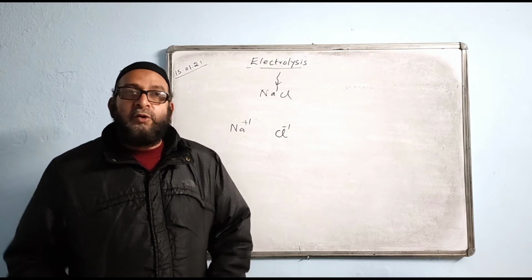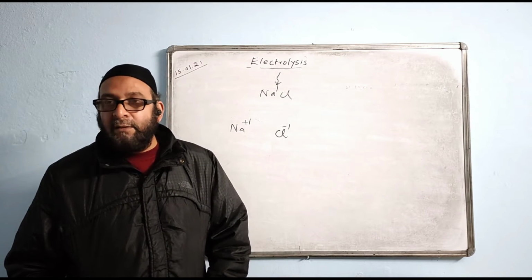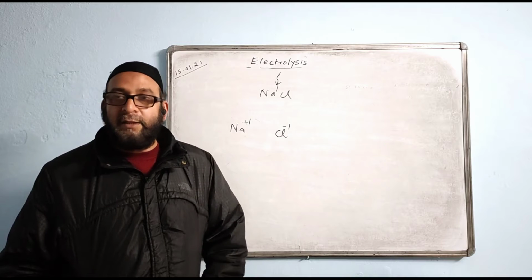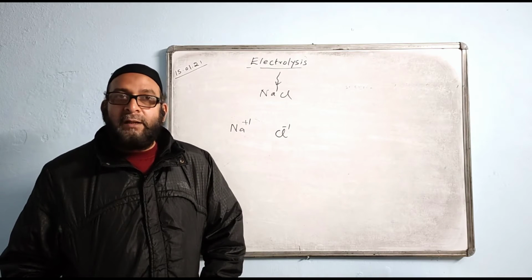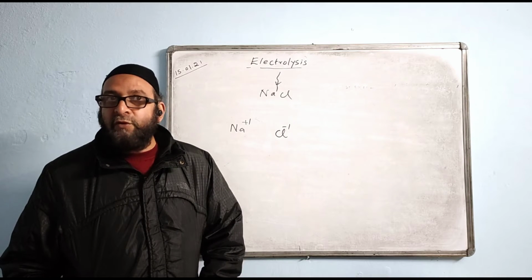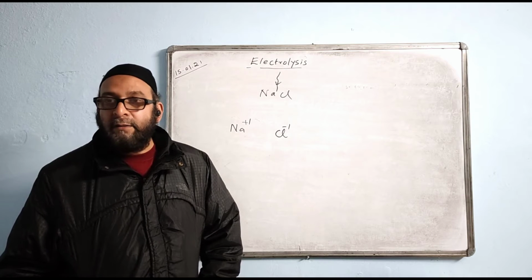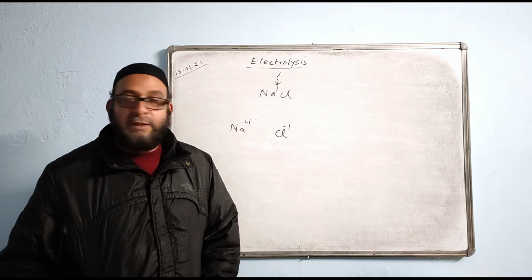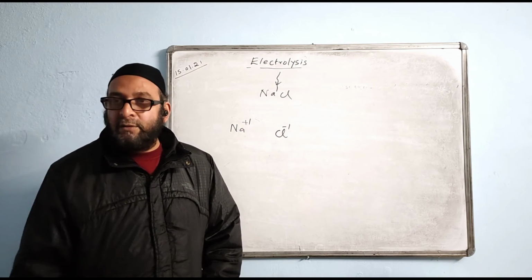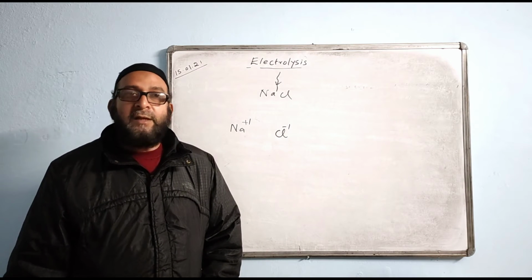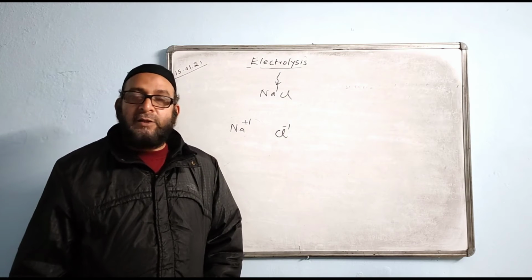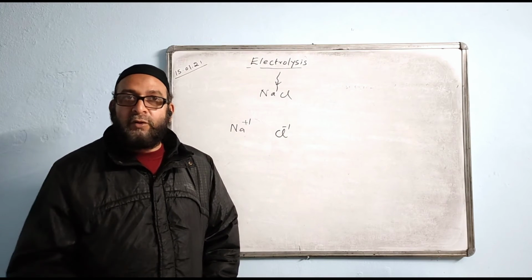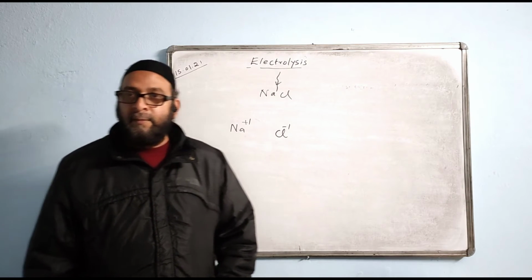There is a general type of question. They say solid NaCl does not conduct electricity, but molten NaCl or fused NaCl conducts. Why? What answer would we give? We say that in solid NaCl there are no ions. Ionization does not take place in the solid state because of the strong force, if you can mention that.